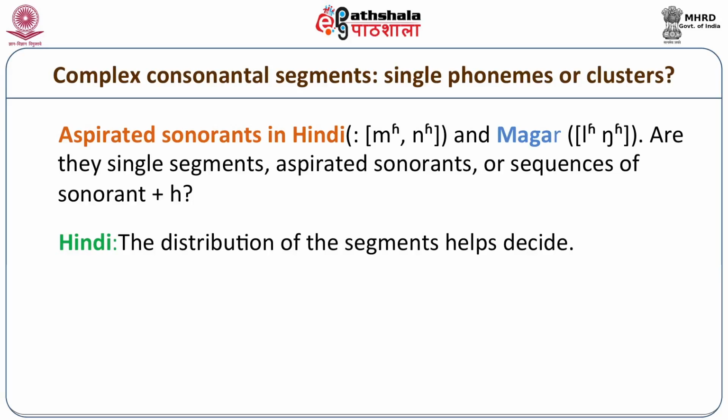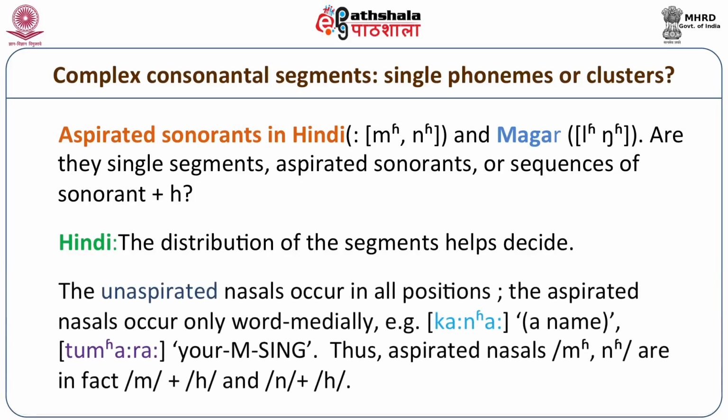When we look at the distribution of the sounds, what we find is, whereas all the aspirated plosives occur in the medial, final, and initial positions, the aspirated nasals and lateral occur only in the medial position. They are not found to occur word initially or word finally.